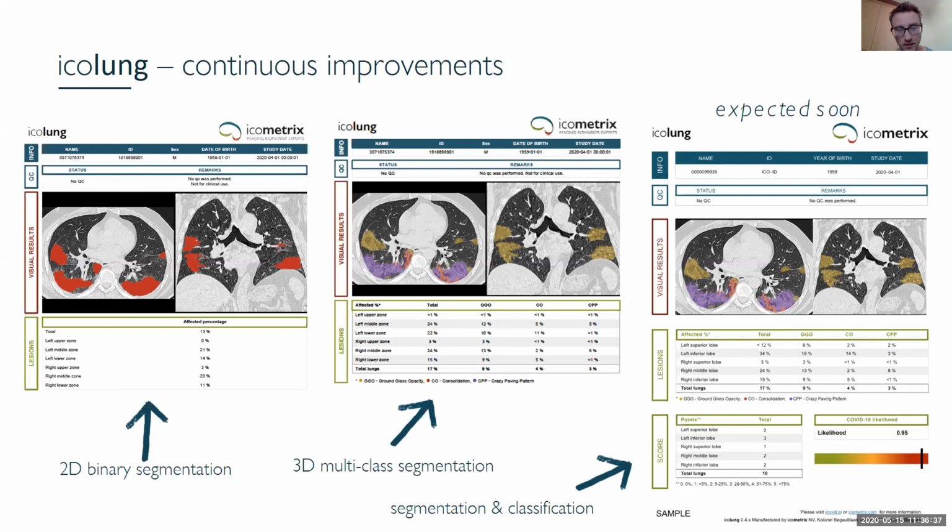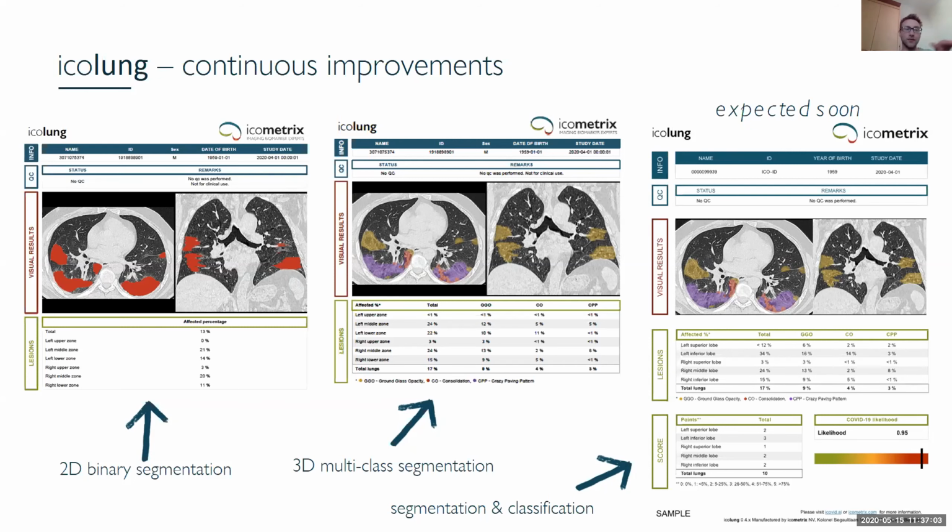where we started with a 2D binary segmentation. So this is a problem where we segment the abnormalities from normal-appearing lung tissue. And this is done with a 2D network. That means it's done slice by slice. That's also what you can see if you look at the right image in the left report.